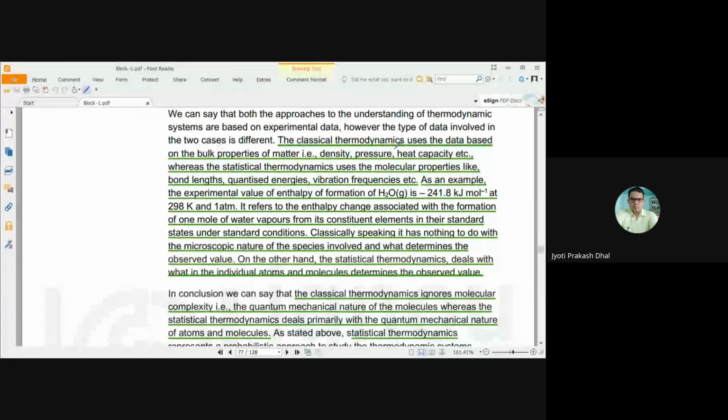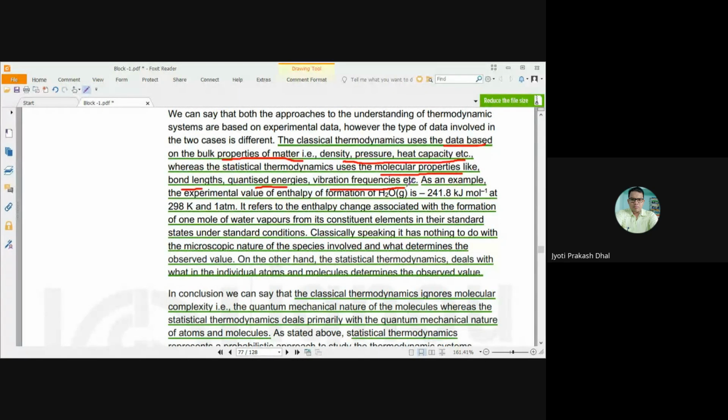You can see the classical thermodynamics uses data based on the bulk properties of matter like density, pressure, heat capacity, etc. Whereas statistical thermodynamics uses molecular properties like bond length, quantized energy levels, vibrational frequencies, etc. That means statistical thermodynamics works from the atomic or molecular level.